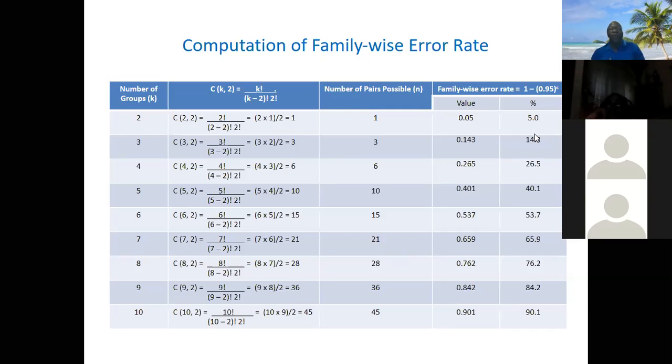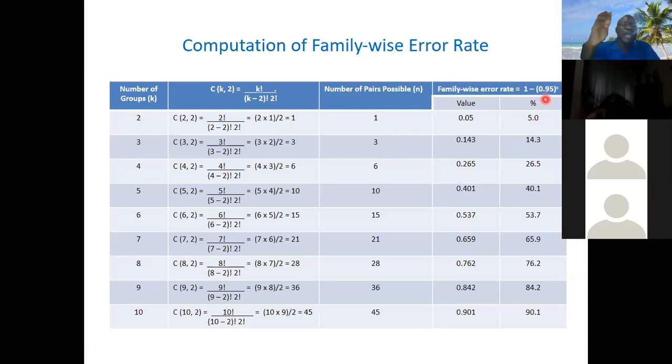Then let's now look at how we calculate the family-wise error. It's very simple. The family-wise error is in the last 2 columns here. The family-wise error rate will be 1 minus 0.95 raised to the power of the number of tests you are carrying out. How does it happen like that? If you choose 5%, your level of significance will be 5%.